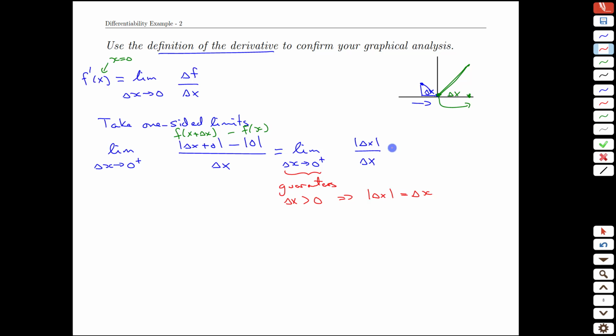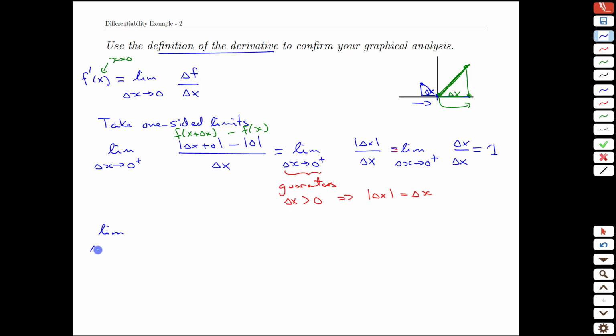So we use that idea, and we can write our updated equation here. x approaches 0 from the right, and this time we can simplify the absolute value as just delta x. And of course, that's just going to equal 1. Those cancel perfectly. What does that mean again? Going back to the picture, when we pick a step in x that is positive, take any 2 points, connect them and find the slope, you're going to find a slope of positive 1.